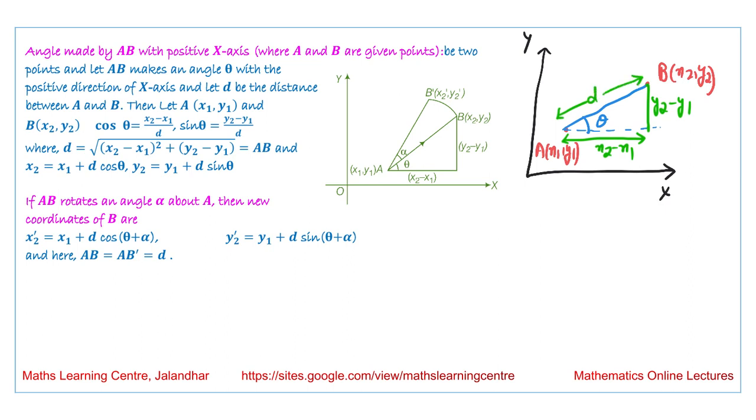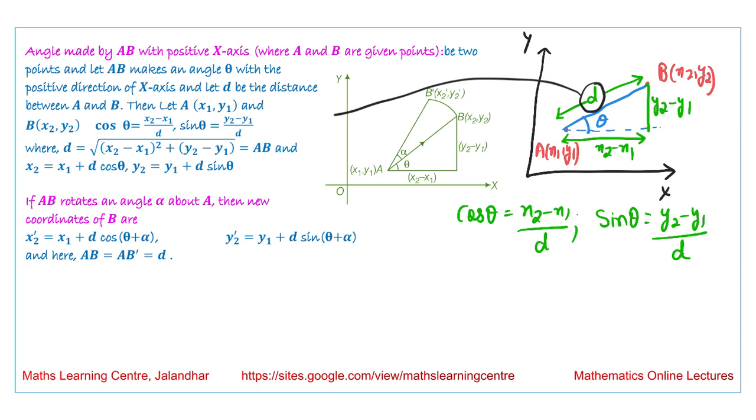Then the value of cos theta is equal to x2 minus x1 over d. The value of sin theta is y2 minus y1 over d, where d is the distance between these 2 points, and it is given by the formula square root of x2 minus x1 square plus y2 minus y1 square.